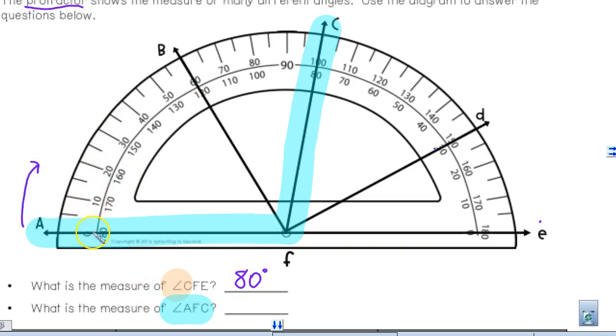So from here, I'm starting at 0. I'm jumping up to 10. You'll notice this time I'm using the numbers on top because this would be 10 degrees. And then 20, 30, 40, 50, 60, 70, 80, 90. And then we've got 100 degrees. So this would be a 100-degree angle. It's greater than 90. It's a large angle.